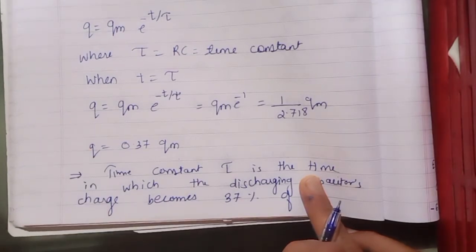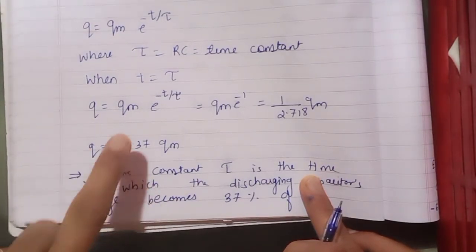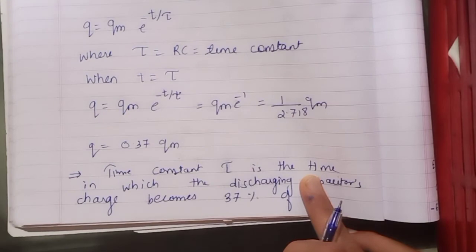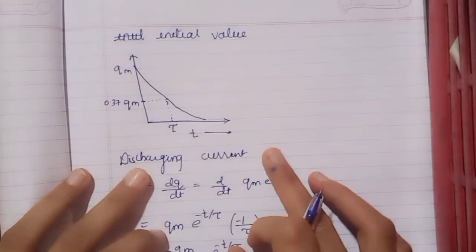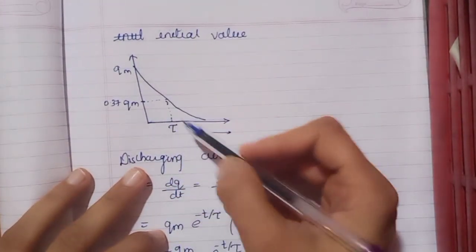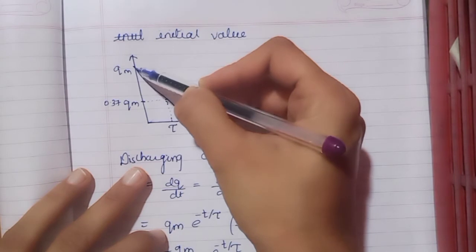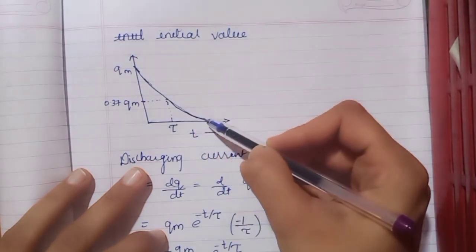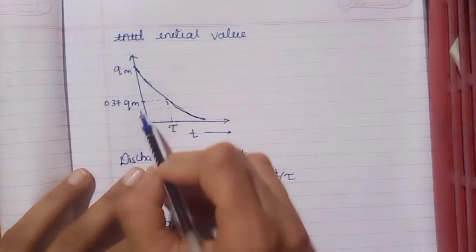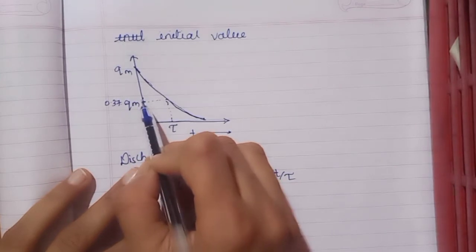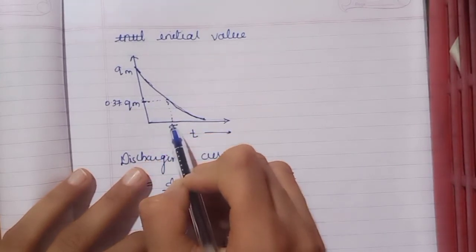So you can define the time constant in a different way for charging and discharging circuits. If we plot the graph, the charge decreases exponentially with time, and when the charge becomes 37% of Qm, we have the time constant tau.